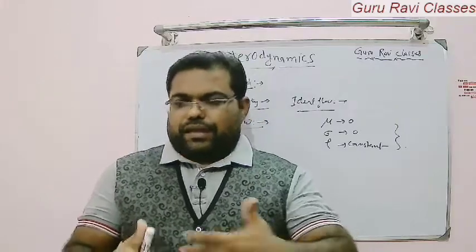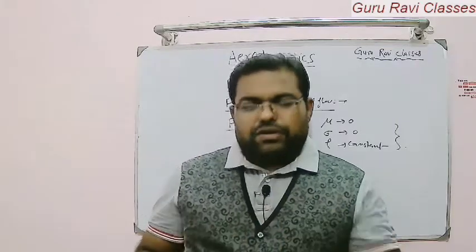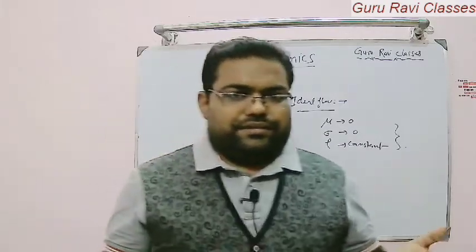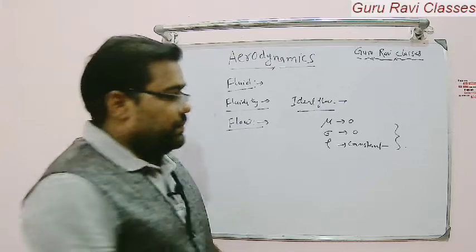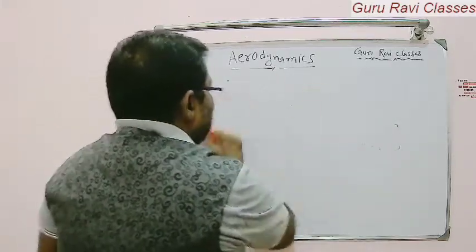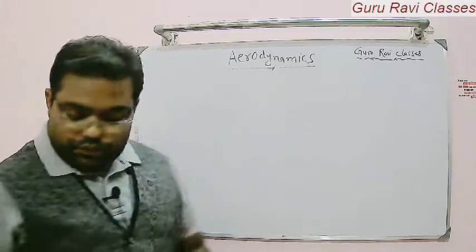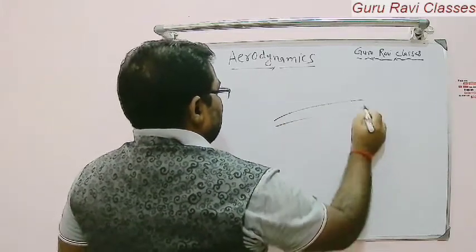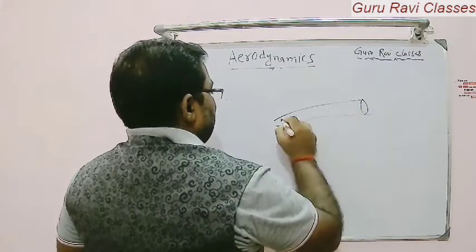So I'm going to do a very small revision of the continuity equation, how it actually looks. Let's suppose I consider a tube. This is a tube kind of section, with this as one end.